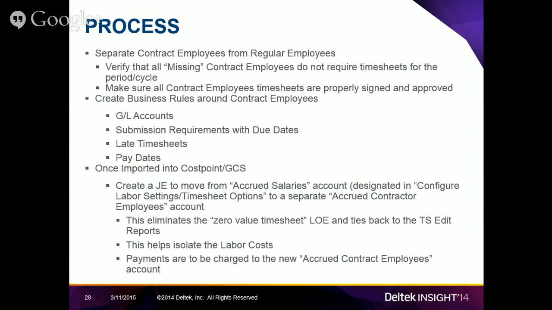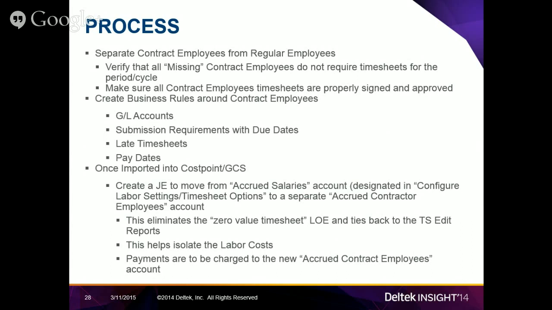And then once you do import them into CostPoint or GCS, like I said, I created a journal entry to move the accrued salaries from the accrued salaries account to an accrued contract employees account. That again made it a lot easier to reconcile.